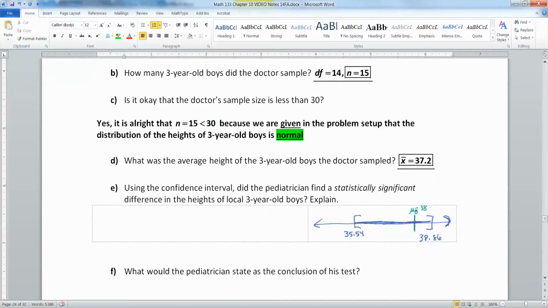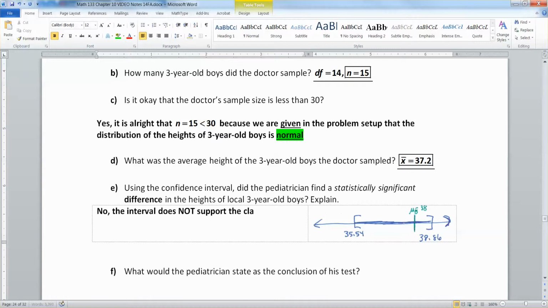Well, 38 is not different. He was claiming that it was different, but we don't have that because our value is right there in the middle of our interval.